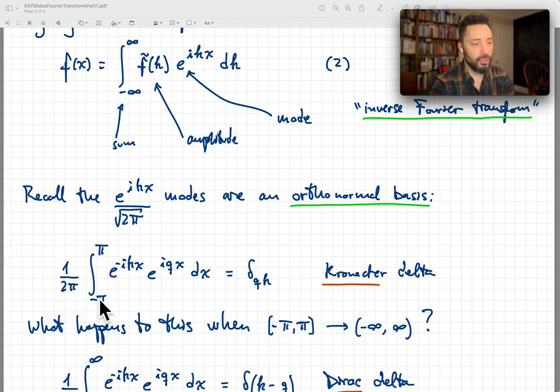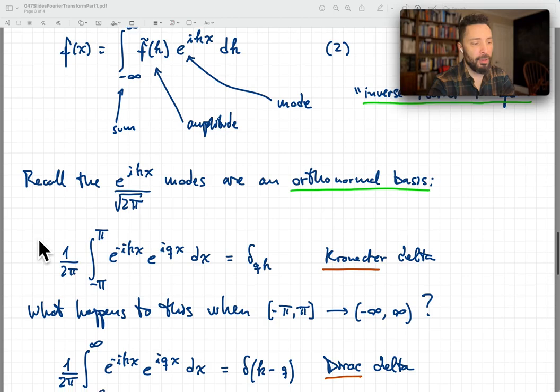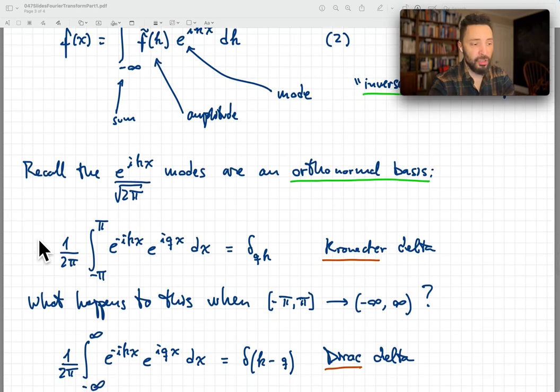So we have 1 over 2 pi, the integral between minus pi pi of e to the minus ikx and e to the iqx gives us the Kronecker delta of q and k. In other words, if q and k are the same, then we get 1. If they're different, we get 0. So these objects then are orthogonal to each other in that sense. And here we're assuming that k and q are integers, of course.